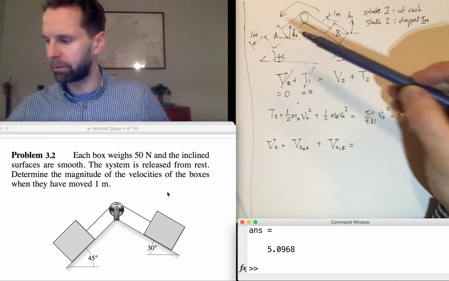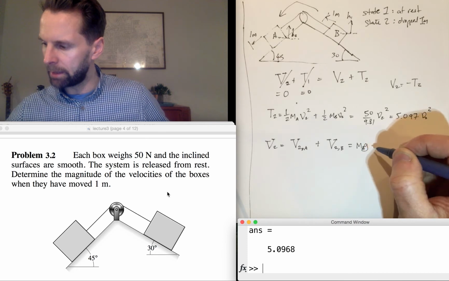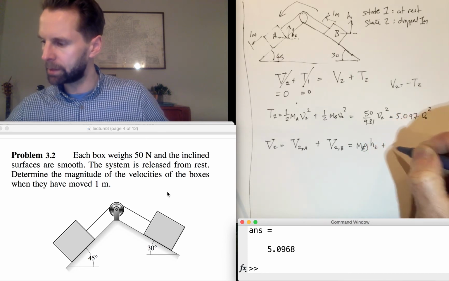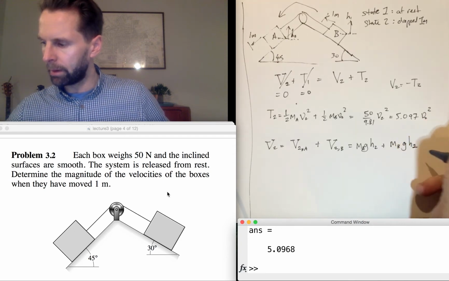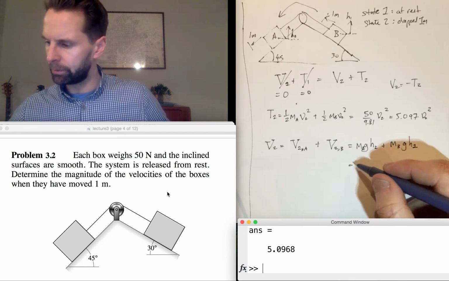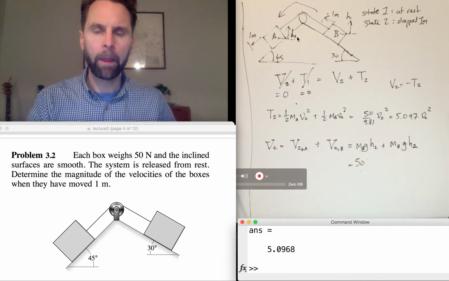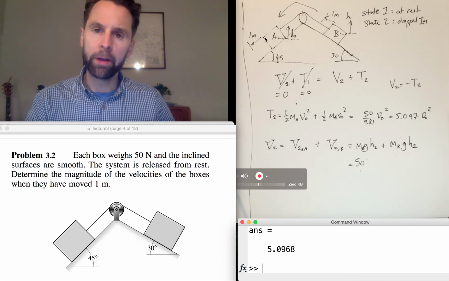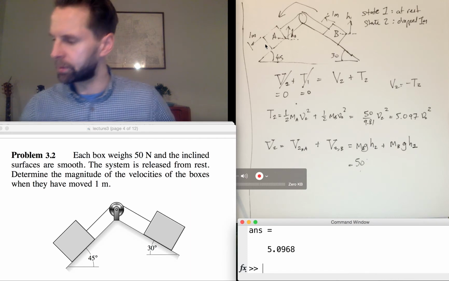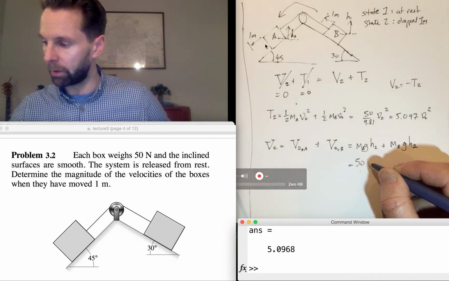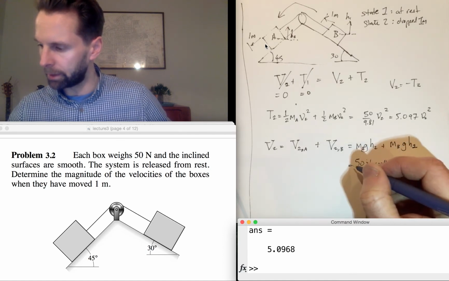We need an expression for h2. So it's going to be mA g h2 plus mB g h1. The weight mg is 50. h2 is minus, because this is negative, and then we've got a 45-degree angle, so it's going to be 1 times cos 45, and that gets the minus sign there.